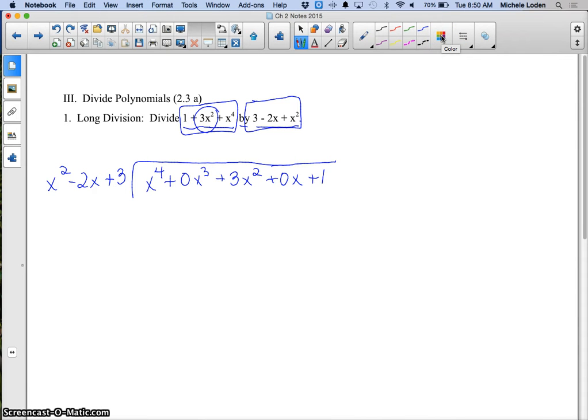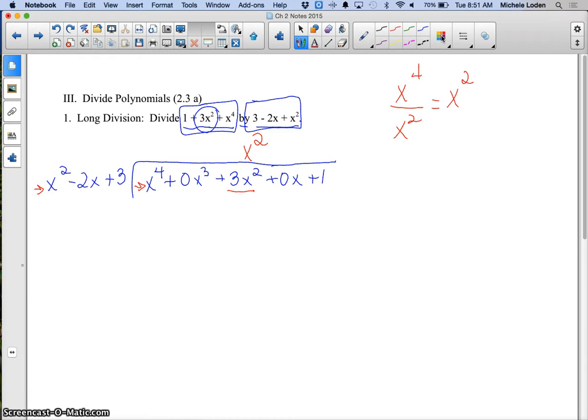When we divide polynomials, we begin by dividing the first term on the inside by the first term on the outside. So essentially we're dividing x to the fourth by x to the second. Well, x to the fourth divided by x to the second is x to the second. When you're writing your value for each quotient, you will keep like terms lined up vertically, so notice that I put the x squared above the x squared here.